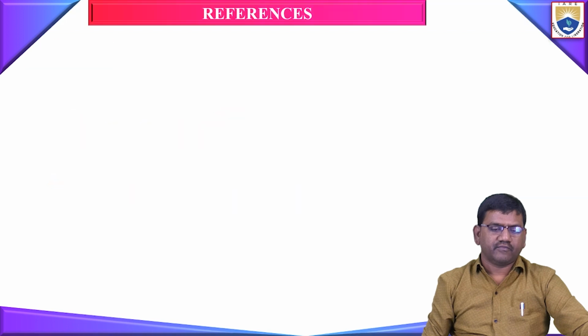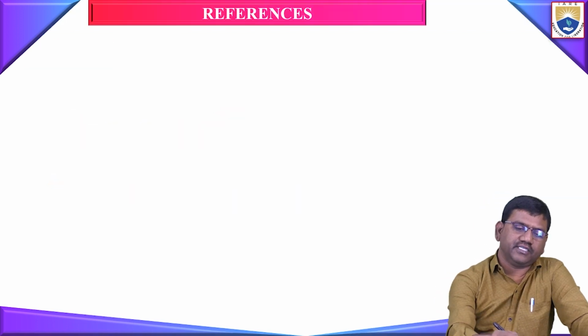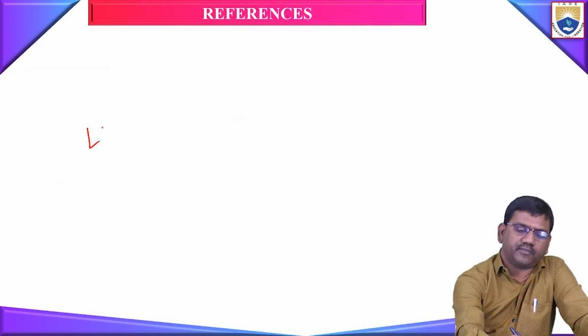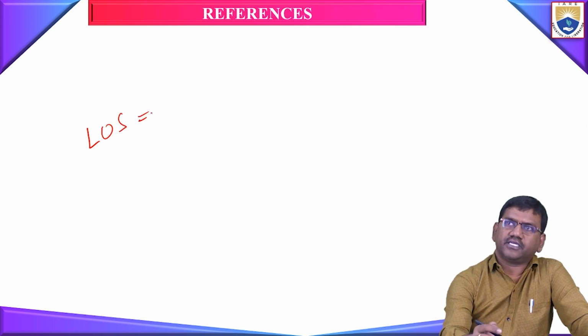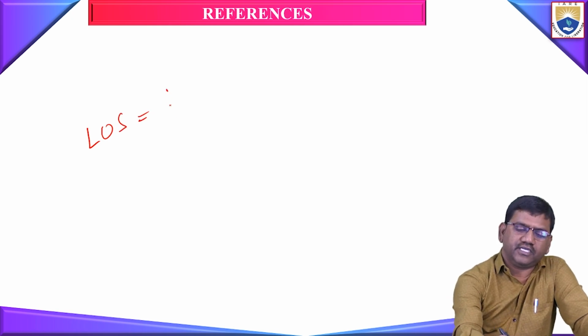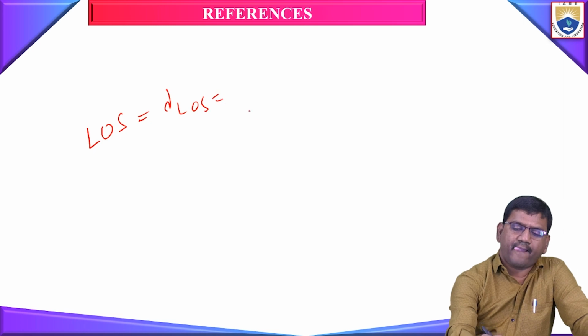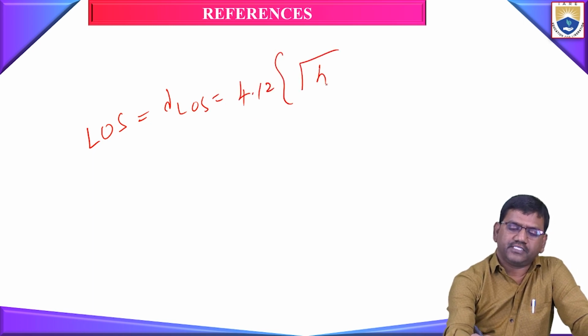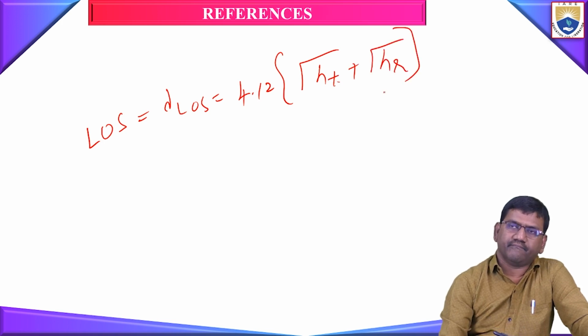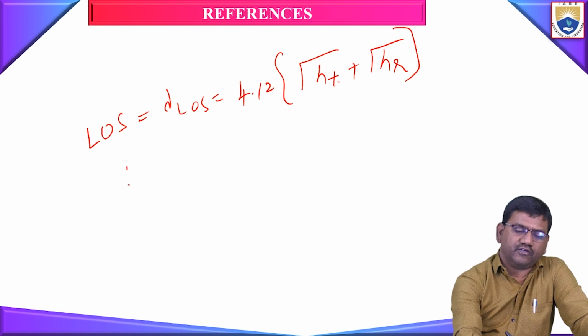So let us have a recap of what we have seen now. We have seen the LOS propagation, the line of sight propagation, denoted as DLOS. It is given by 4.12 into root HT plus root HR. Similarly, we can find the value of the field strength reached at the receiving antenna.